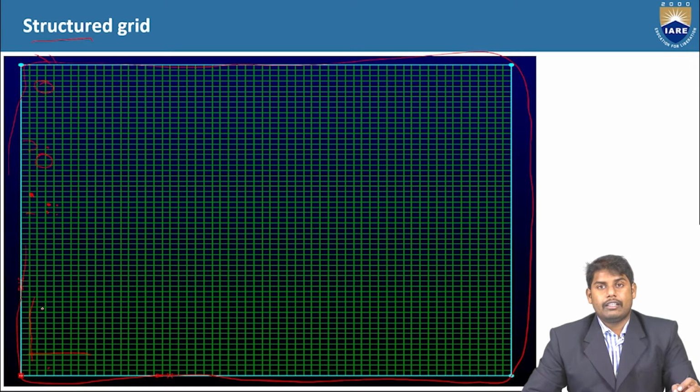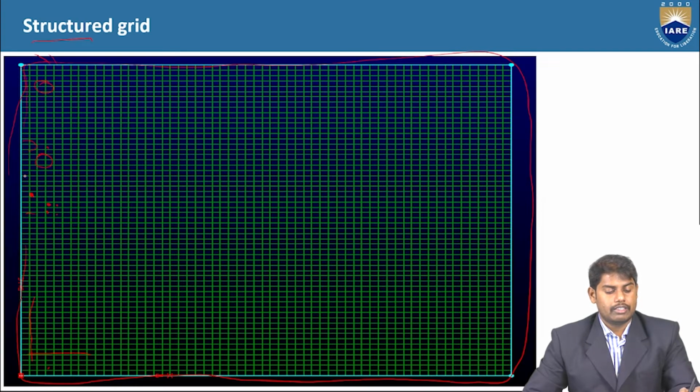Here you can see it is a 2D structure, so whatever we are seeing is a 2D structured grid. Now there are grid points which are on the boundary also, and there are edge lengths.